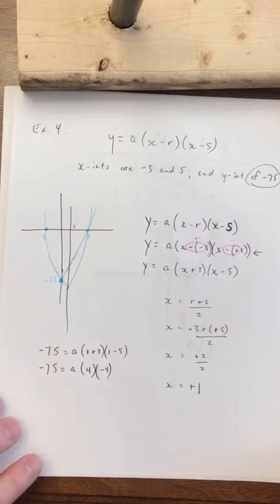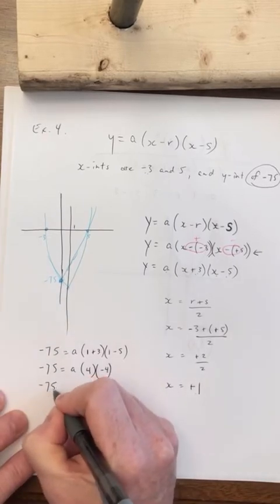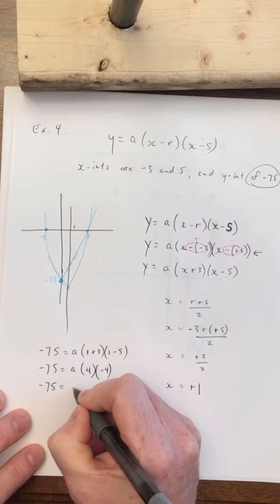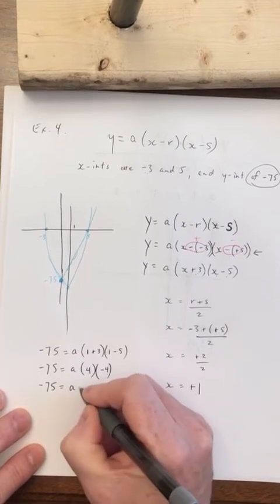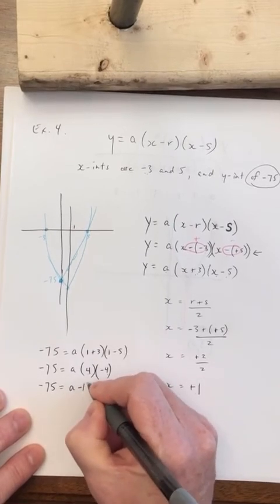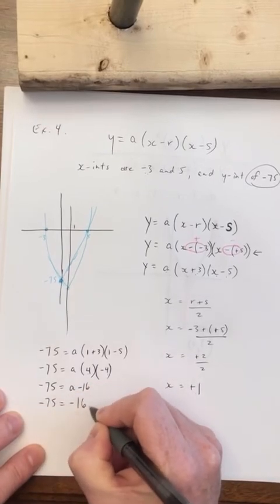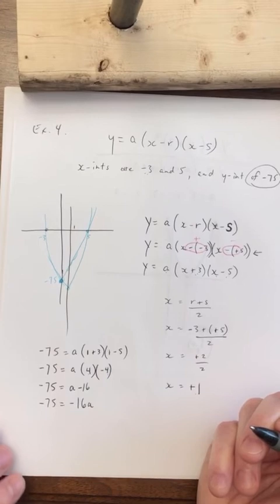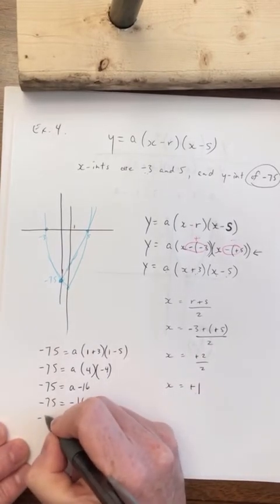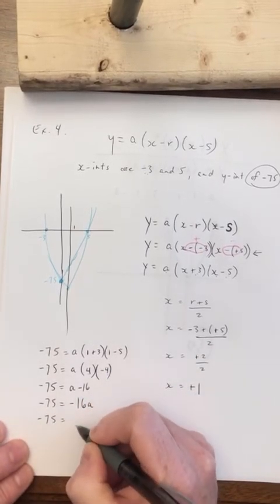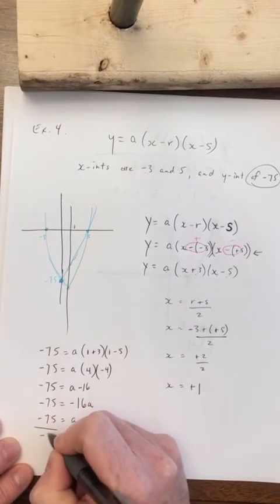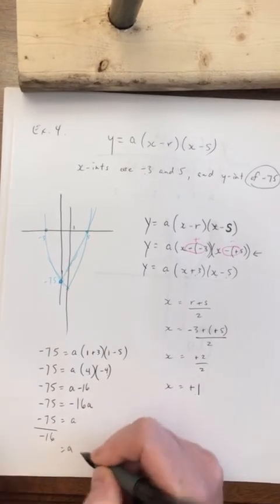We get something like that. 4 times negative 4 is negative 16, which we would write as negative 16a. Bring that to the other side.